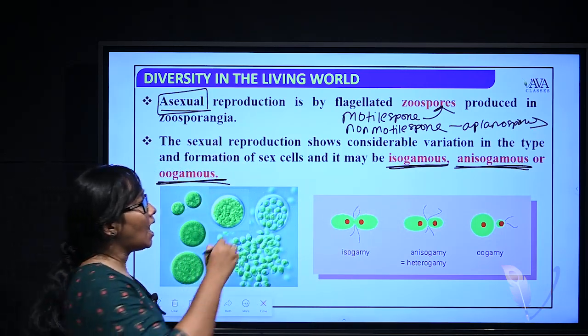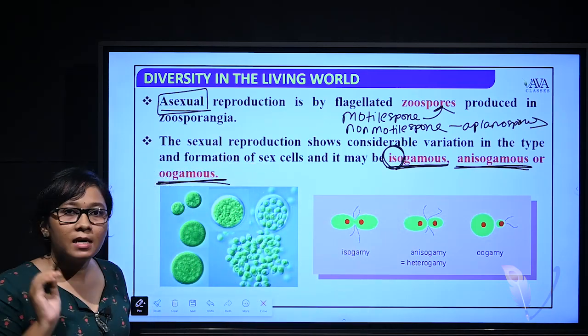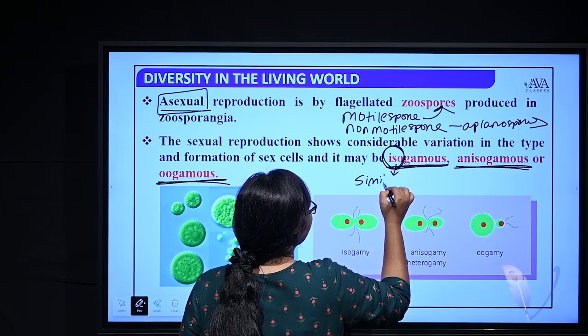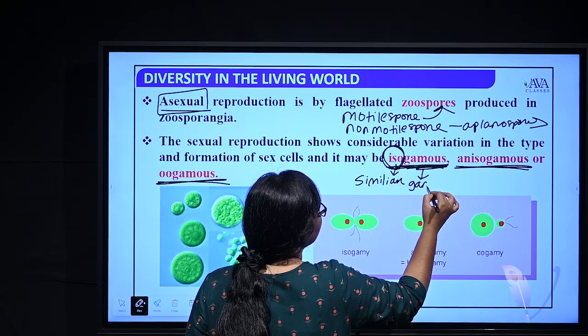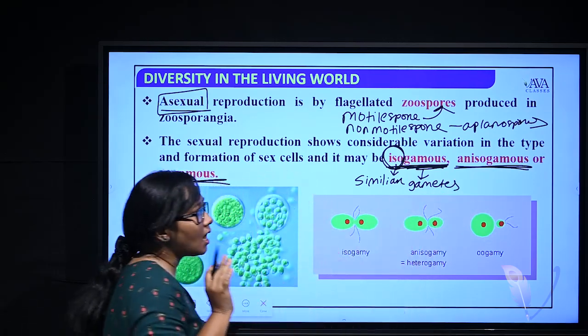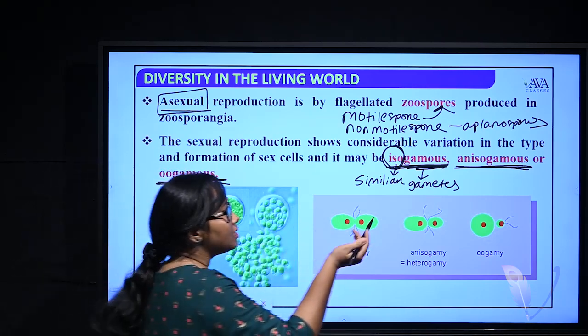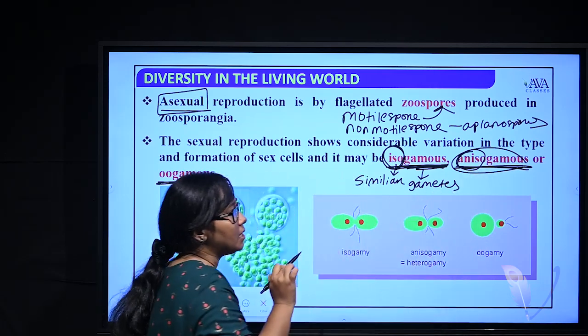Let's see. Isogamous means, there is a term here, iso. Iso means similar, and gamous refers to gametes. It means in isogamous we see similar gametes. Anisogamous, aniso, here a term is present.